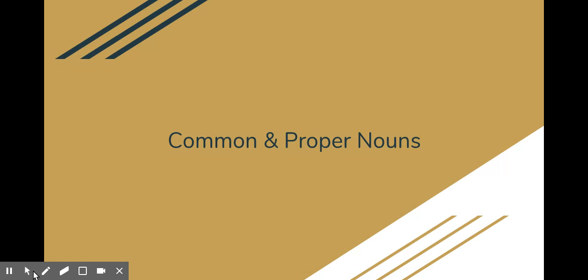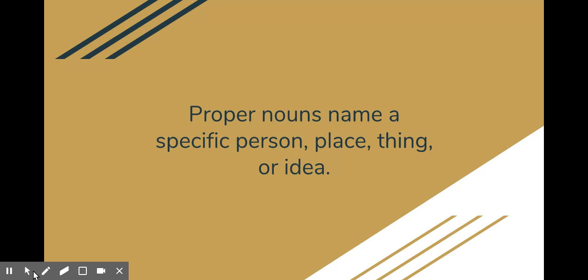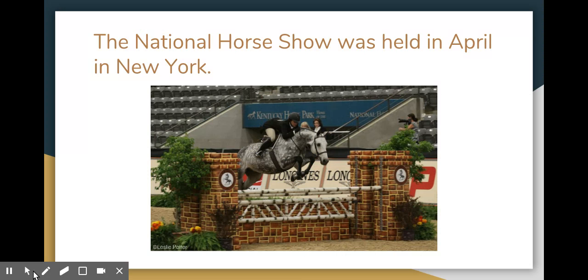So let's first take a look at common and proper nouns. All nouns, it doesn't matter what noun it is, are classified as either common or proper. Okay? Proper nouns name a specific person, place, thing, or idea. So take a look here. The National Horse Show was held in April in New York. So there's three different nouns in here.